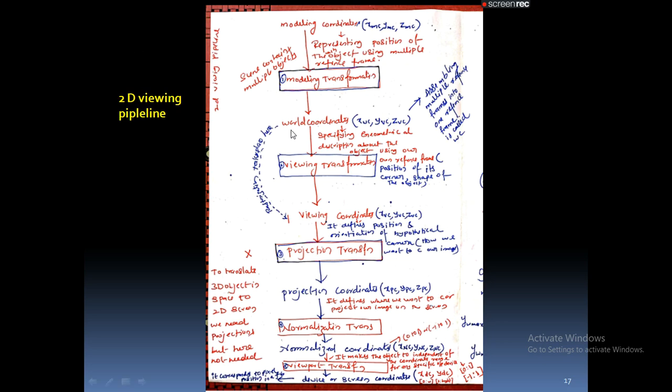I will repeat: when you are performing viewing transformation, converting from world coordinates to viewing coordinates, the rasterization process takes place. In the case of viewing coordinates, we define the position and orientation of the hypothetical camera. Means we are defining our clipping window, which part of the object you decided to view on the screen of the monitor. So viewing coordinates are nothing but specifying the size and shape of the clipping window.